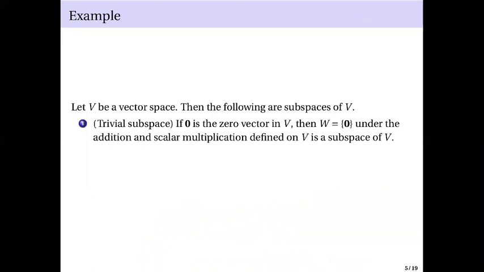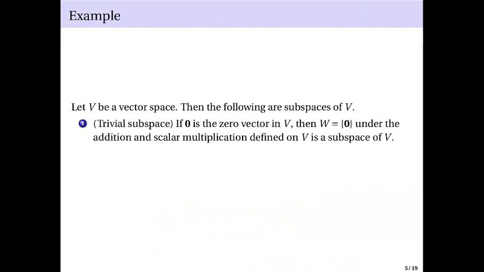If 0 is the zero vector in V, then this set W, the set containing that zero vector, is a subspace of V. It's the trivial subspace.